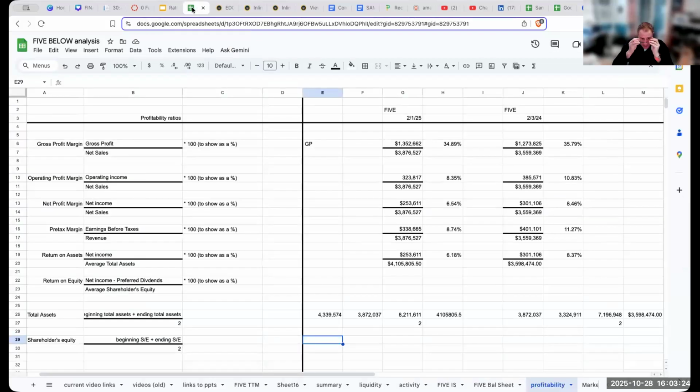So, but here we go for our average shareholders equity. So our return on equity, and note over here, we're generally not going to have preferred dividends for publicly traded companies. I always love it how someone will say, oh, Bennett, this one actually has preferred dividends. But it's generally really not going to be that much of the case.